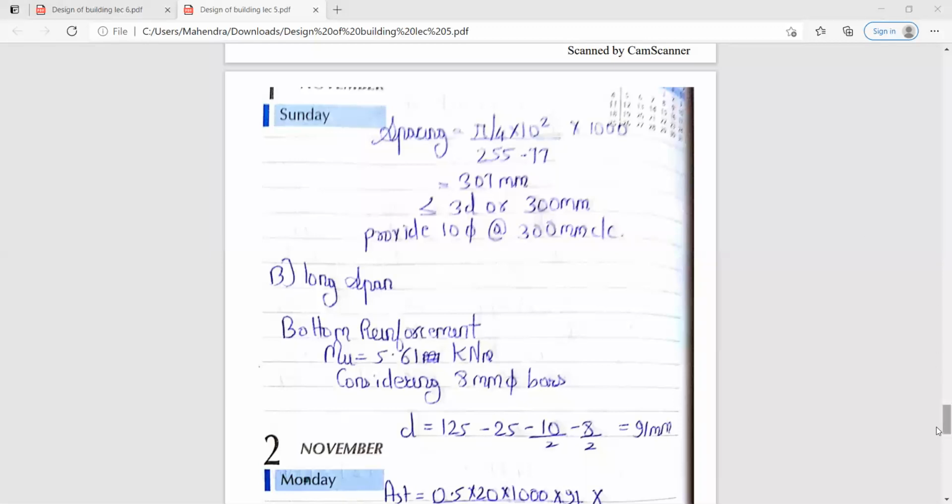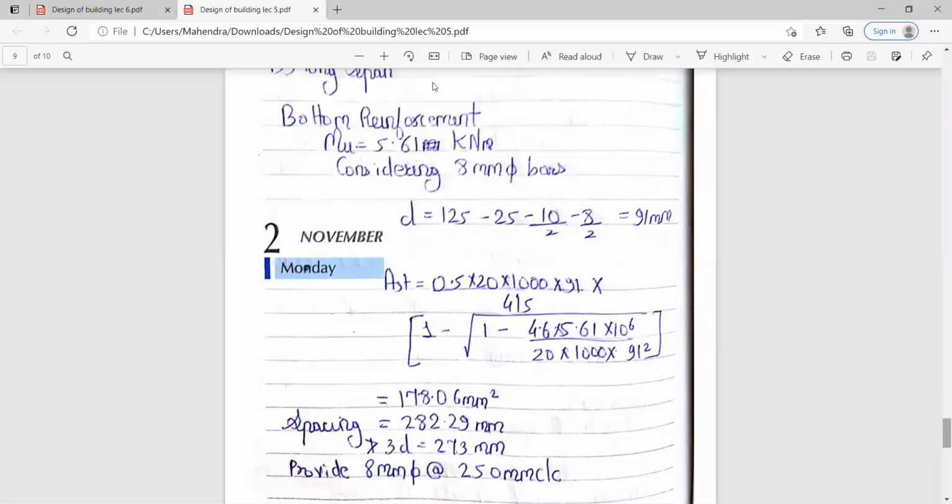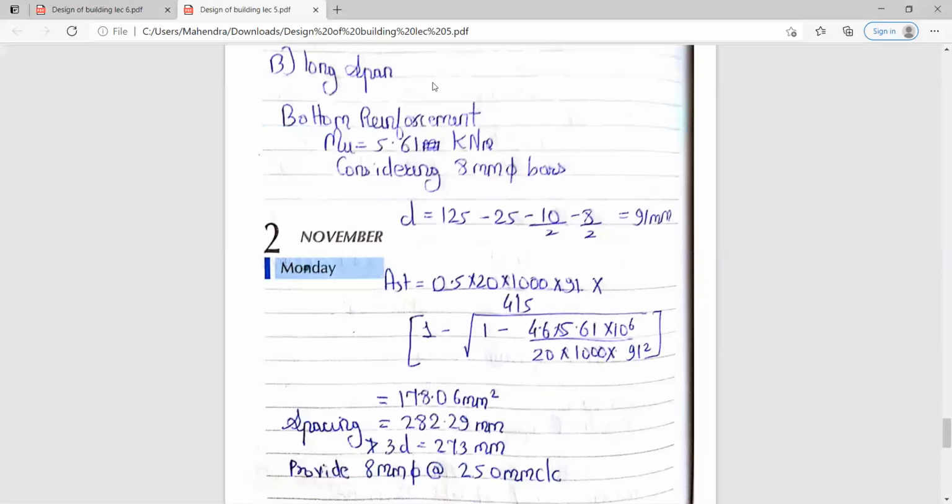For the bottom reinforcement, how much bending moment did we get? The bending moment we got for the bottom reinforcement is 5.61 kilonewton meter. So this is the bending moment we are going to consider for further calculations. For the bottom reinforcement you have to use 8 mm diameter bars. First you need to calculate the depth for the bottom reinforcement for the long span.